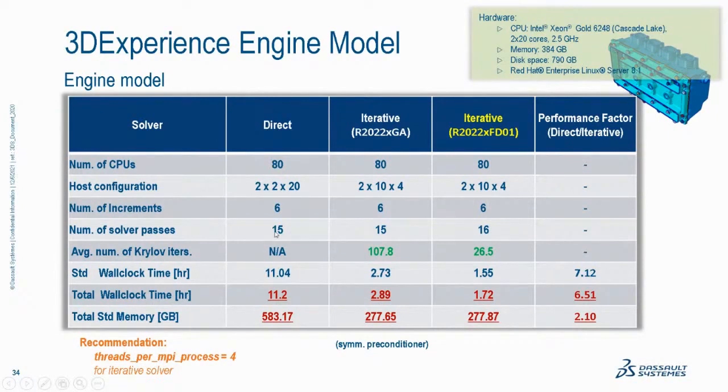So this is essentially the nonlinear Newton iterations. You can translate that into here is the number of iterations within the iterative solver. Obviously not applicable for the direct solver, but with the unsymmetric preconditioner, you can see a significant reduction in the number of iterations required for the iterative solver, which directly translates into improved performance.